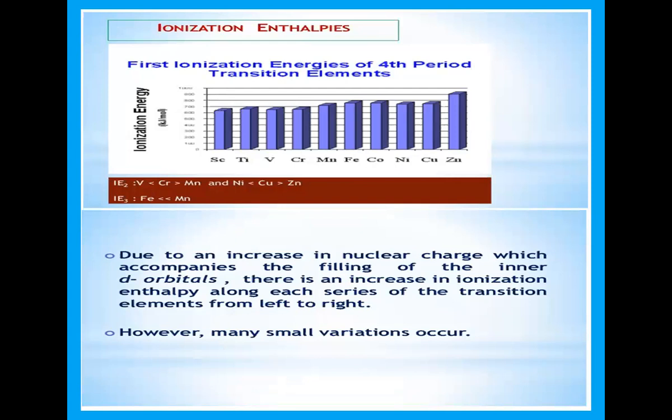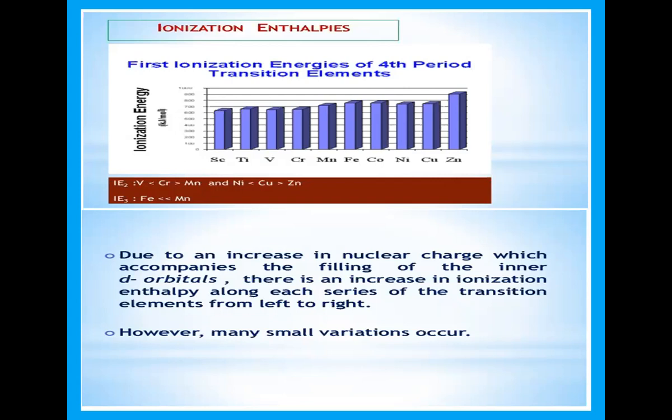That means, as we observed in atomic as well as ionic radii of d block elements, there is no regular trend observed. Beginning decreases, in between it is similar, at the end it increases. Due to an increase in nuclear charge, which is accompanied by the filling of inner d orbital, there is an increase in ionization enthalpy along the series.